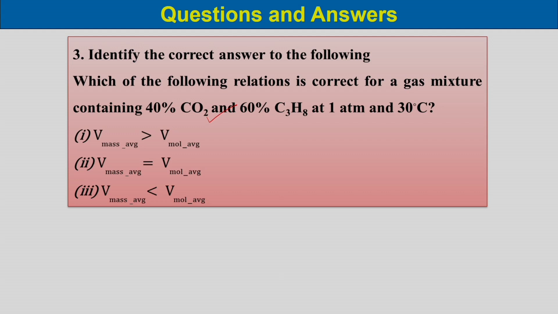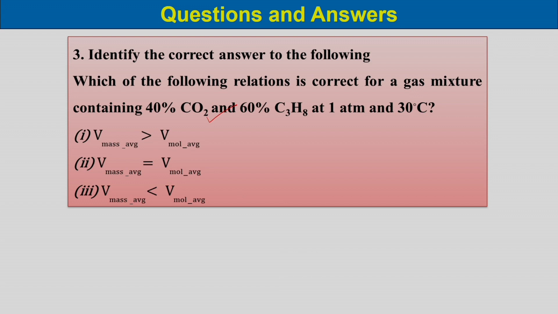Identify the correct answer to the following. Which of the following relations is correct for a gas mixture containing 40% carbon dioxide and 60% propane at 1 atmosphere and 30 degree centigrade? Option 1 is mass average velocity is greater than molar average velocity, option 2 is mass average velocity is equal to molar average velocity, and the third option is mass average velocity is less than molar average velocity.